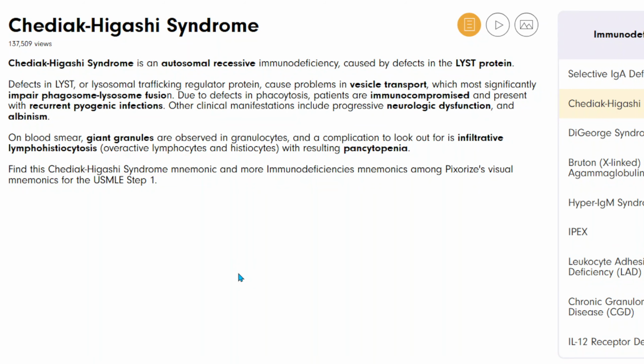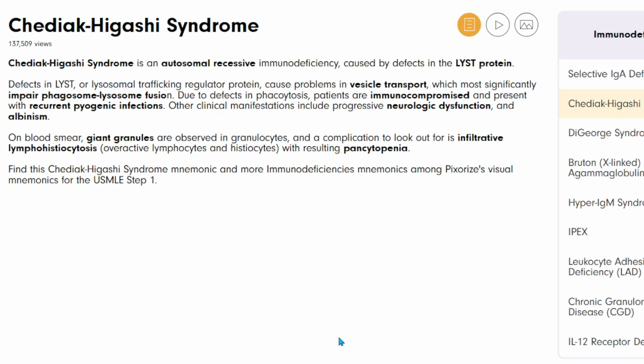So the deficit in this LYST or lysosomal trafficking regulator protein causes problems in vesicle transport, which significantly impairs phagosome-lysosome function.